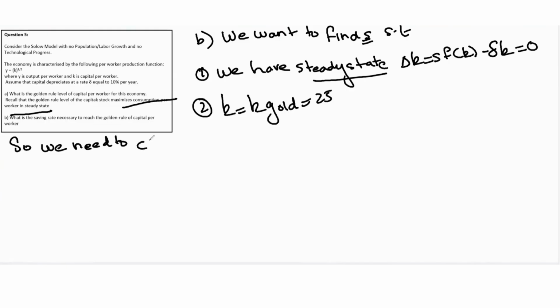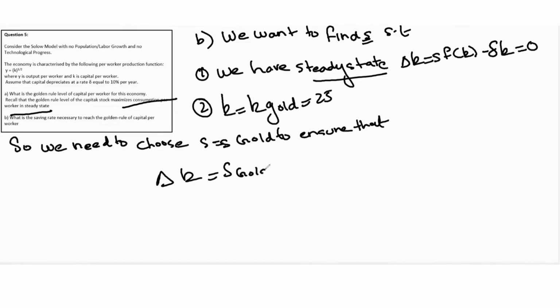So we need to choose S equal to S gold to ensure that S gold times f(K gold) minus delta times K gold is equal to 0. You want to choose S equal to S gold so that when I plug in S equal to S gold and K equal to K gold, we get the change in capital per worker equal to 0.